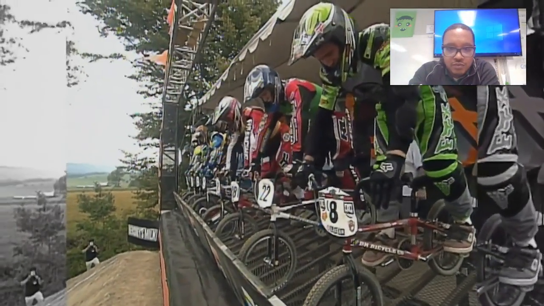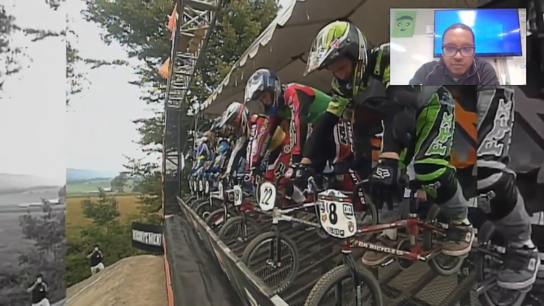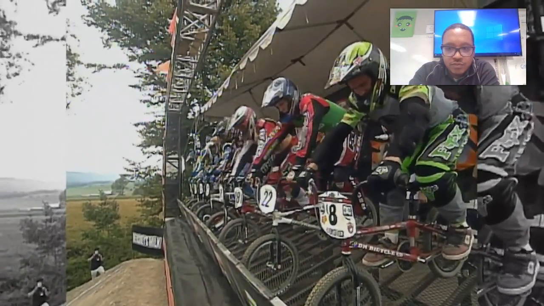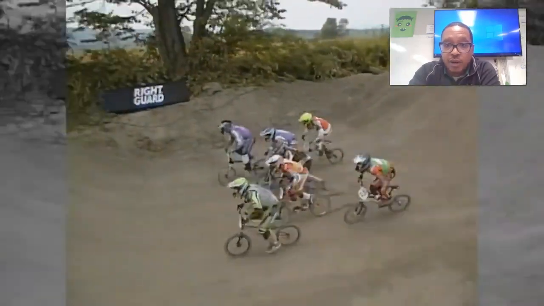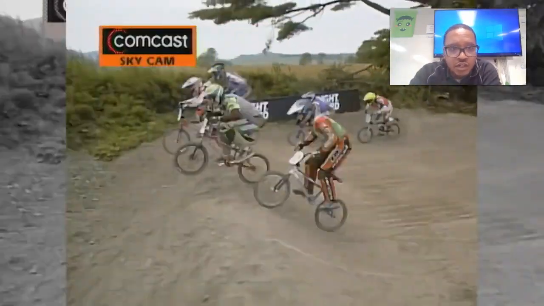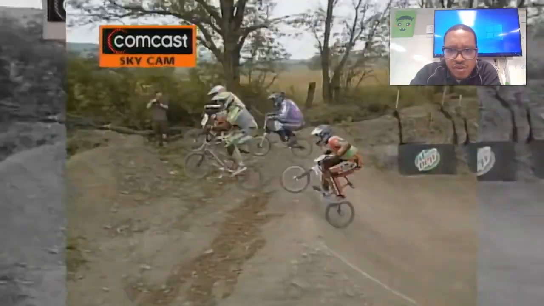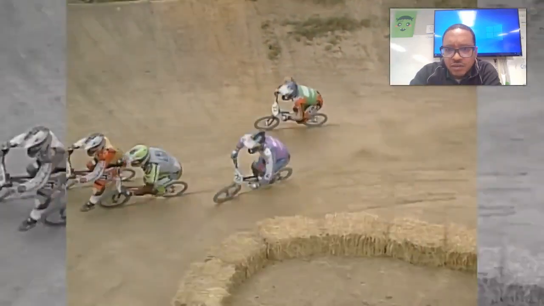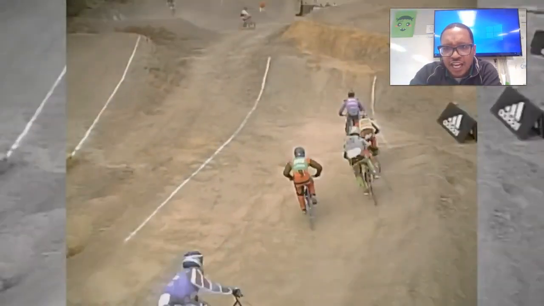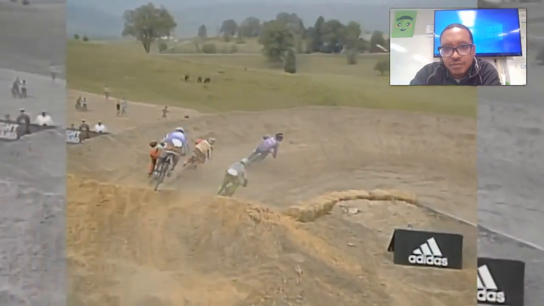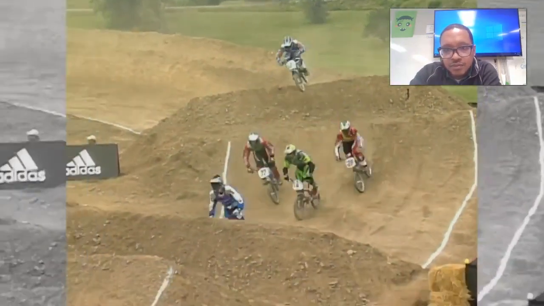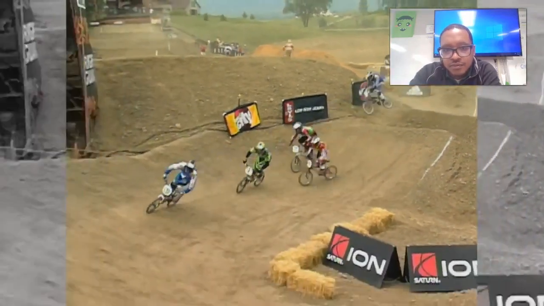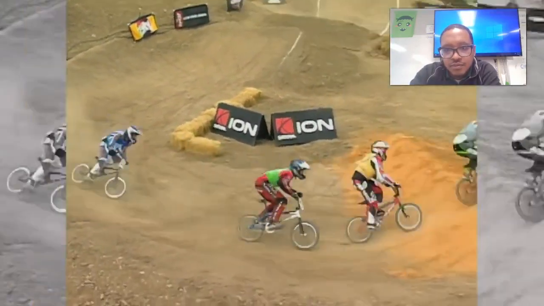Okay, riders, let's set them up. Riders ready. Watch the gate. We lose Greg Romero. Oh, somebody crashed already. And Robbie Miranda takes charge in the gray bib. The Comcast Skycam shows Randy Stumphauser in the yellow bib out front. But look at Robert DeWild. Oh, he cut inside. The first turn makes a clean move. Great move by DeWild in the purple bib as Robbie Miranda charges that track. Speaking of charging, take a look at the green bib. Bubba Harris on the bubble right now.